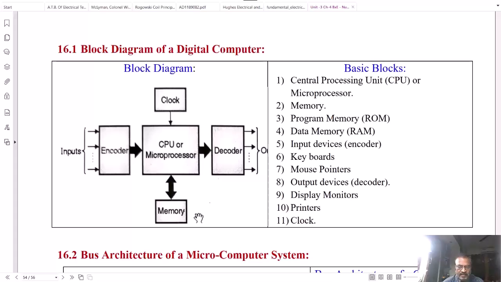Means inside the memory, if there are thousands of instruction bytes present, then this memory is capable of accessing any byte at any time randomly. There is no need to read the bytes one after another.